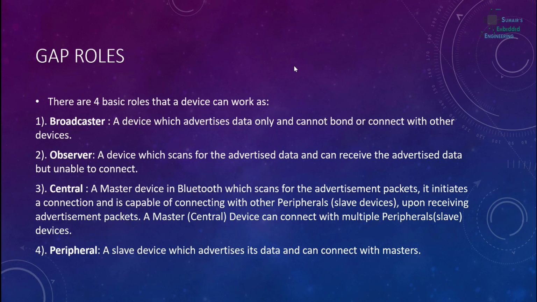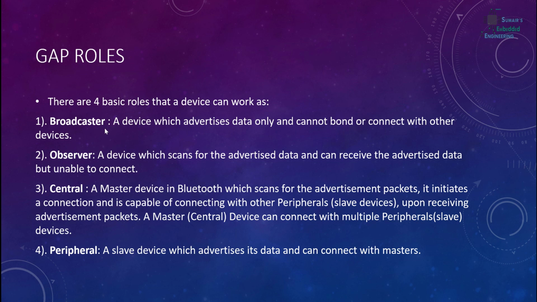There are some roles, as we have previously seen in the introduction video as well. There are four basic roles. The first one is broadcaster, the second one is observer, the third is central, and the fourth is peripheral. The broadcaster and observer are devices which can transmit advertising data, and they cannot be connected.